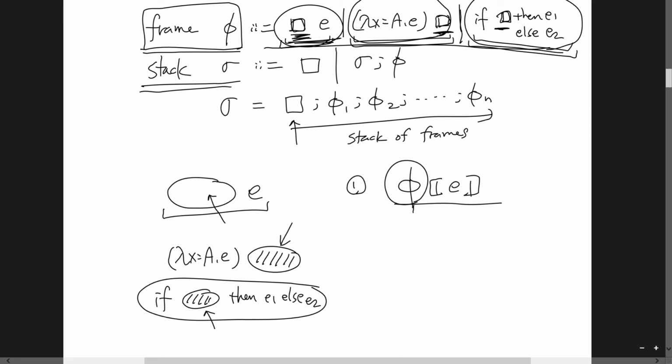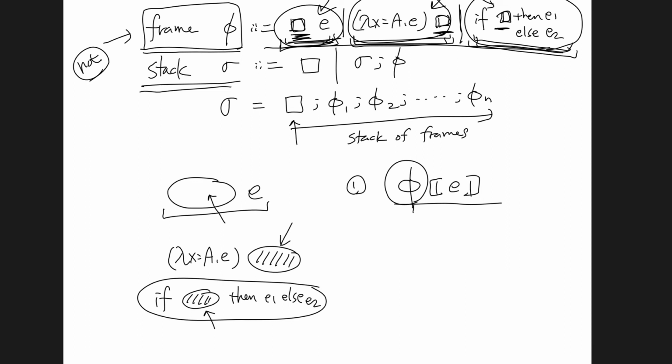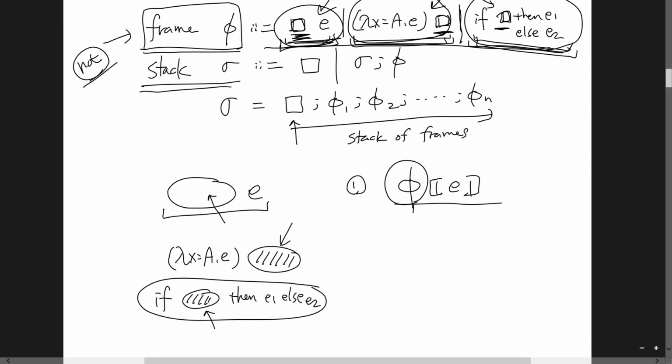Also notice that this frame is not inductively defined. It is just three components: first component, second component, third component. These components are defined independently of each other. And this notation just says find the hole in frame phi and then fill it with the expression E. That's all.